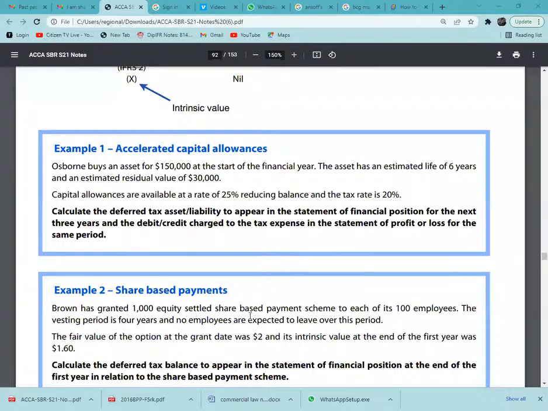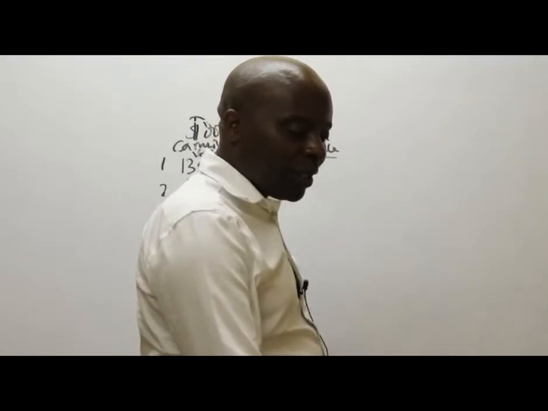Capital allowances are available at the rate of 25%, reducing balance. So is there somebody who can give me the first year's capital allowance? Great.